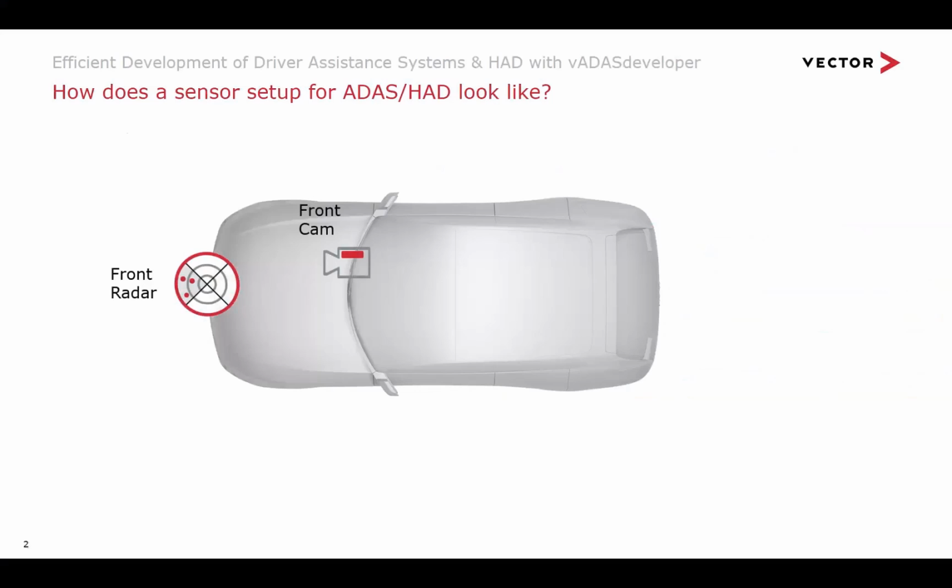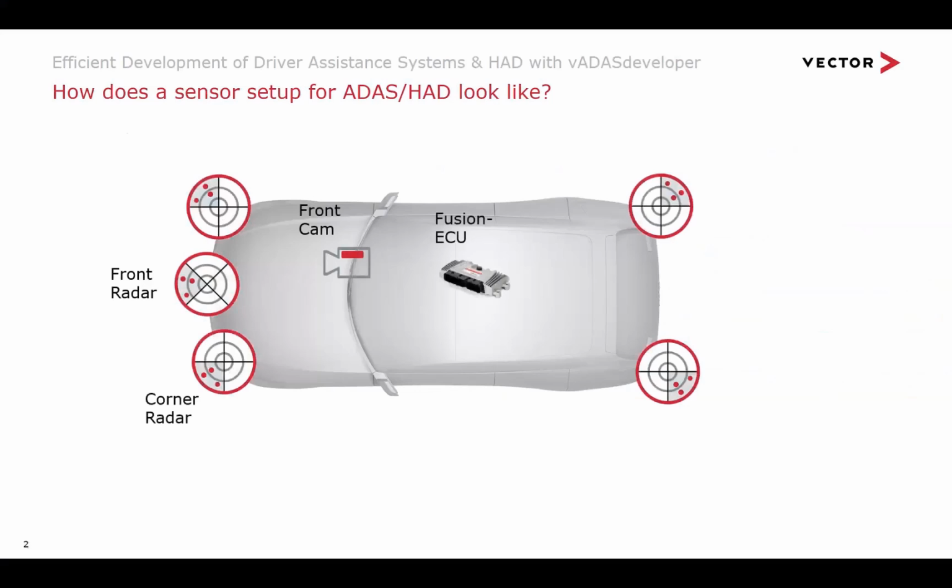In the next level of autonomy, you could have corner radars and a fusion ECU, because you need more processing power to calculate all the sensor data fusion, for example, or the environment model. And in a later stage, you could also extend that again with a rear cam and the side LIDARs, so you get a better overview of the 360 degrees of the car.